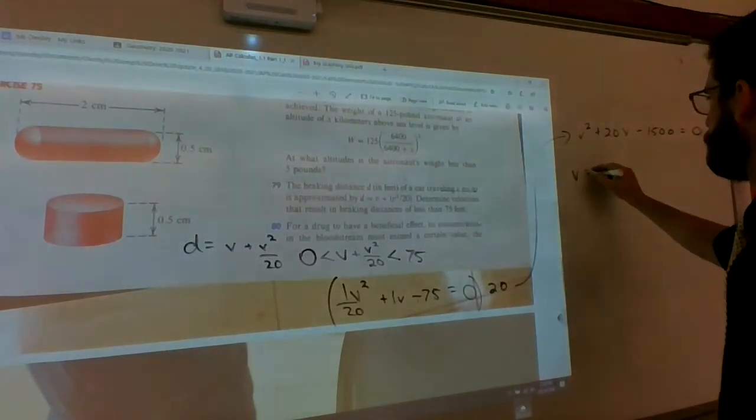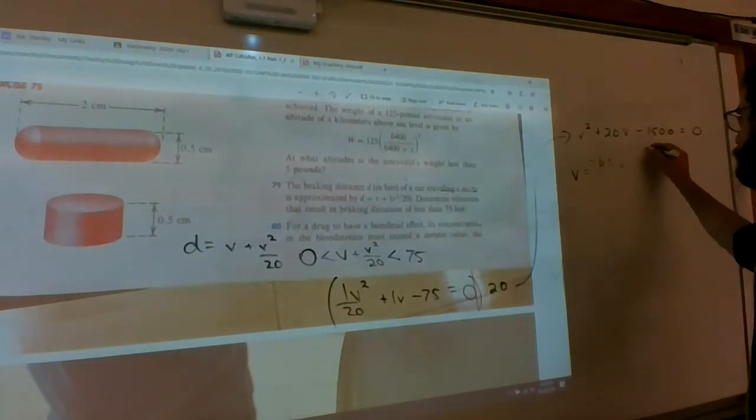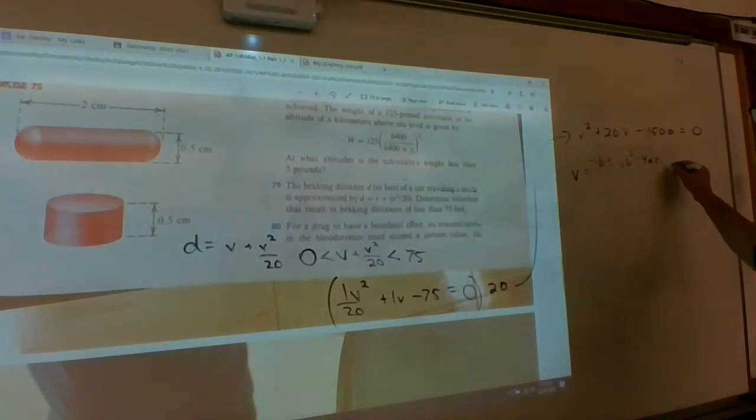So yeah, v is equal to, if you remember your quadratic formula, negative b plus or minus the square root of b squared minus 4ac, all over 2a.